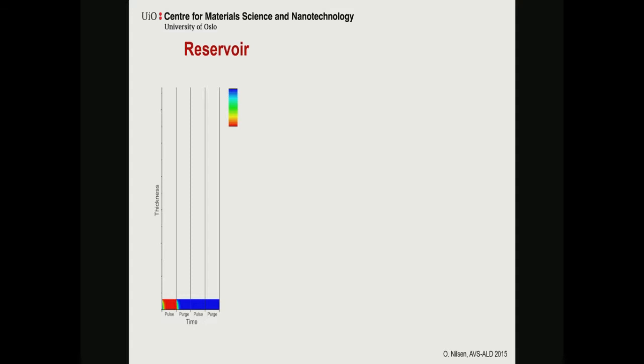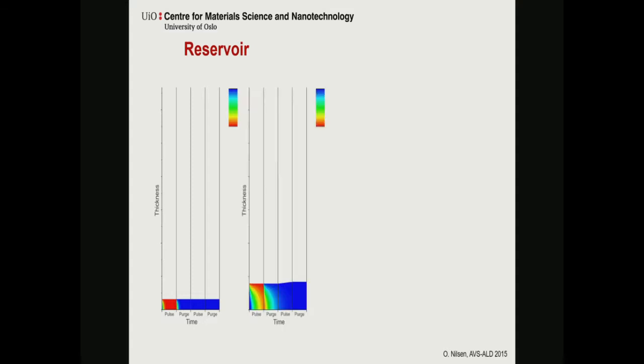So the red layer is a lot of precursor in it, and you get rid of that precursor by diffusing out when the film is thin. But if you then increase the thickness, then suddenly you don't have enough time to get rid of that precursor in there, so you have some that remains for the next pulse.